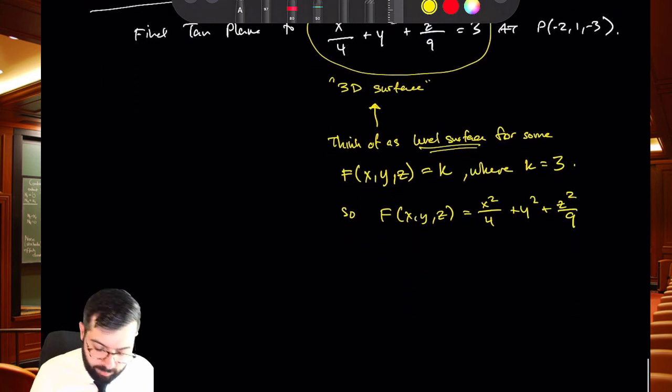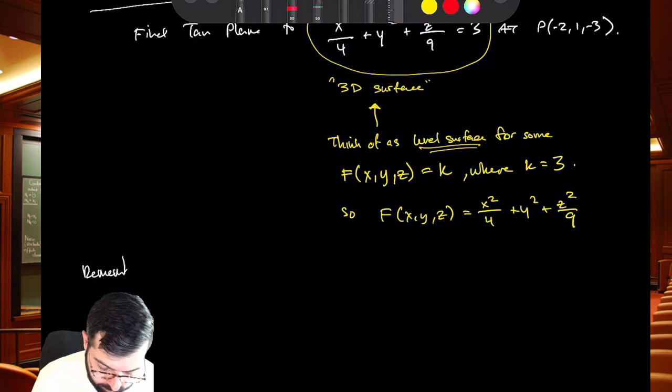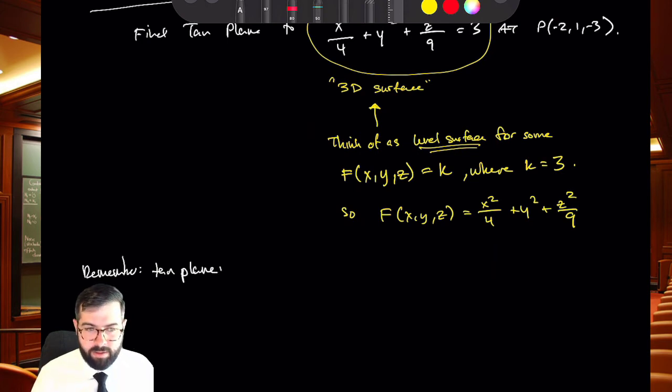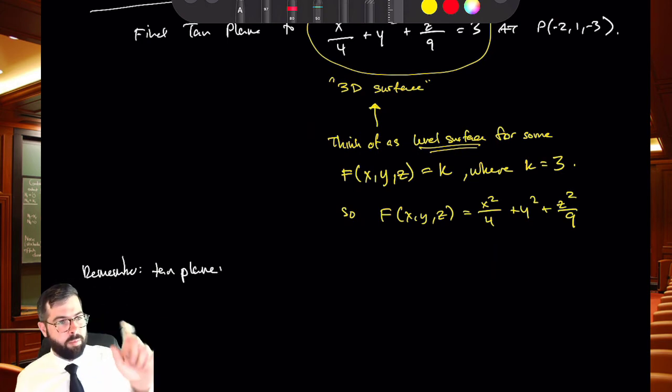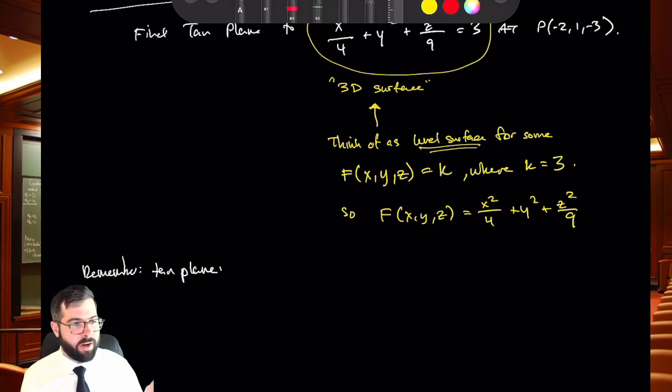Right? Because if you remember, the tangent plane is what? The partial derivatives form the normal vector, right? When you zoom in close enough.